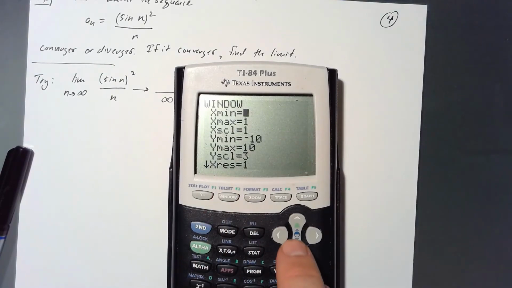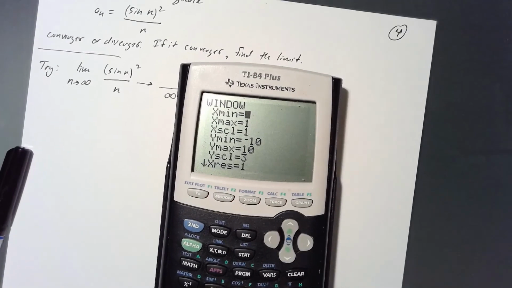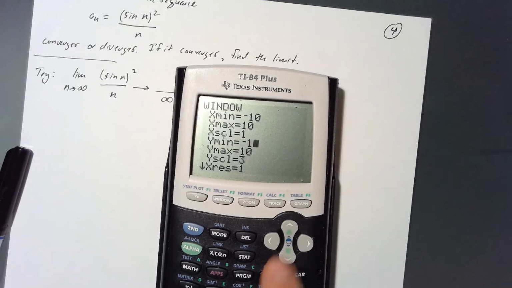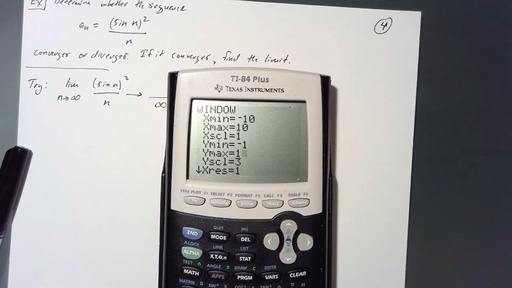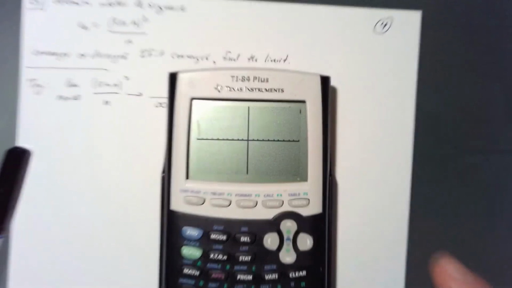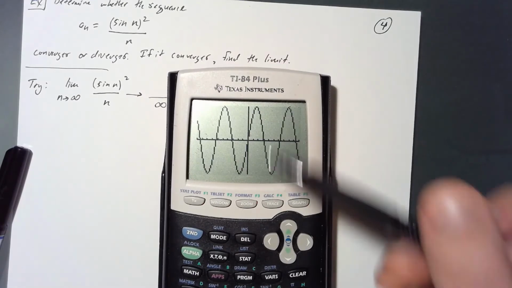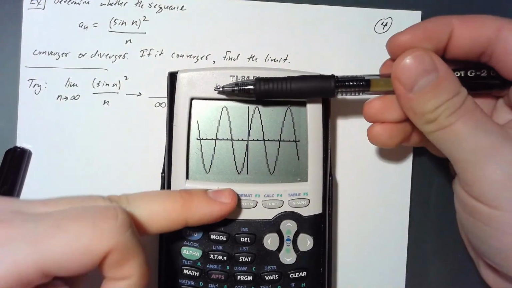Oop, you know what? I flipped it around. That's what I did. This should be -10 and 10. This is -1 and 1. Yeah, there we go. So that's what sine does. So it's always caught between -1 and 1.